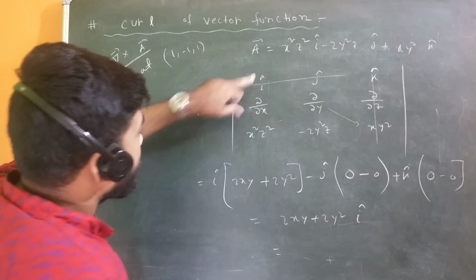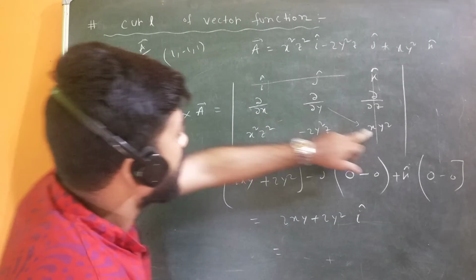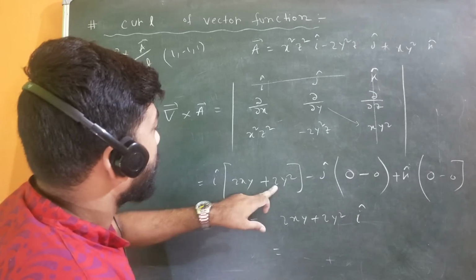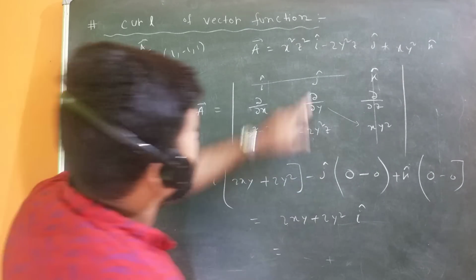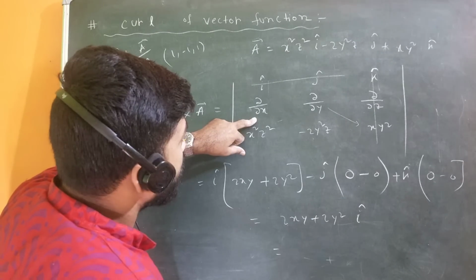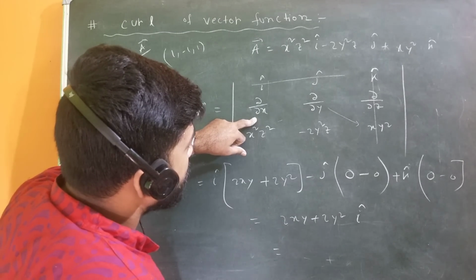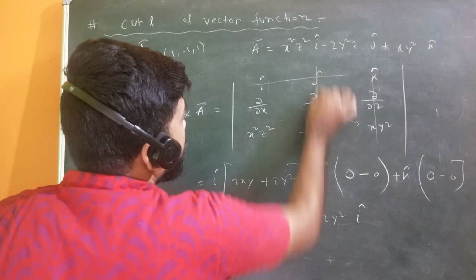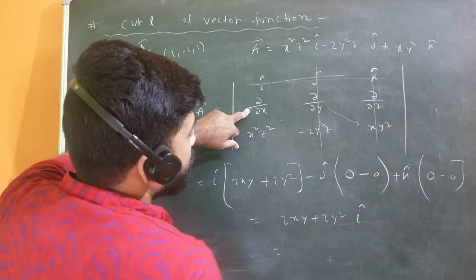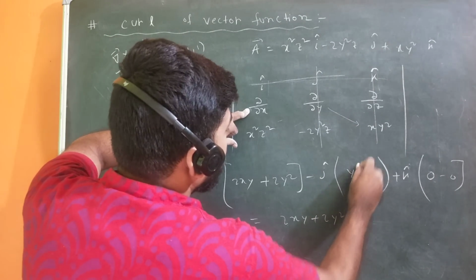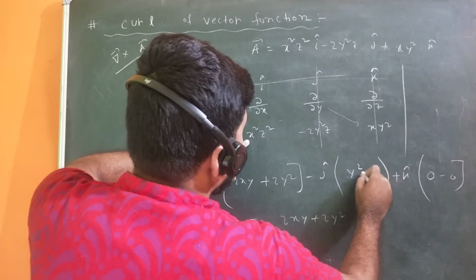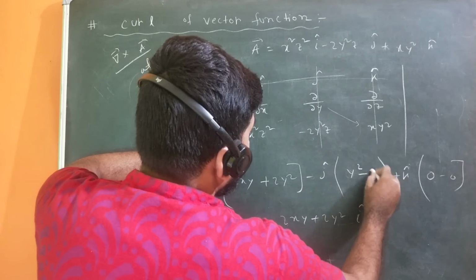Okay, so i cap is nothing but this, and this will cancel out. So del y of x y square is 2xy, and del z of this is 2y square. So it is okay. Now minus j cap into this, and this will be removed. So it will be del x of x y square, which is obviously y square, okay, y square minus del z of this, which will be 2x square z.